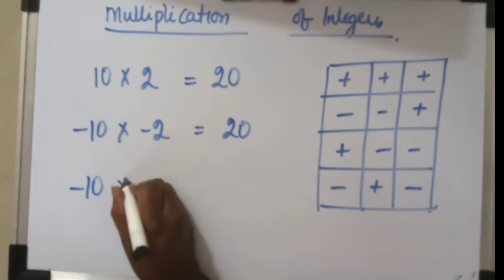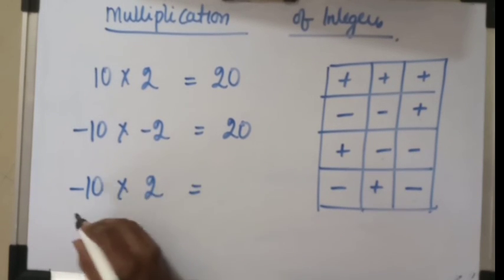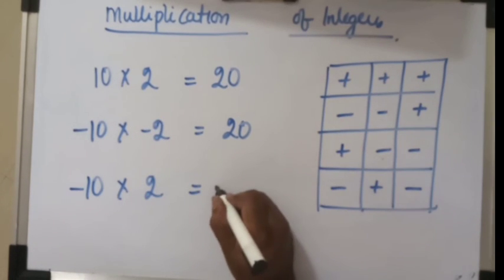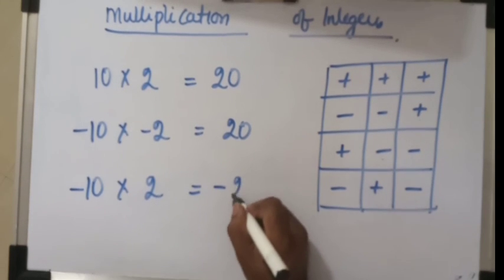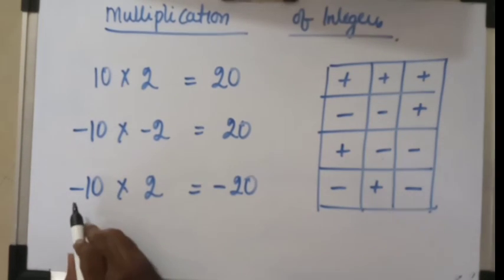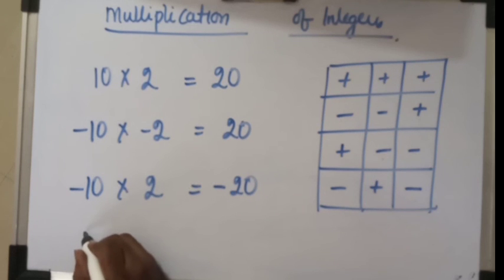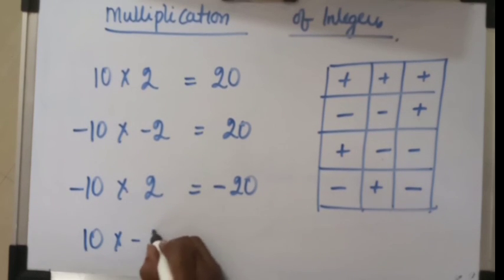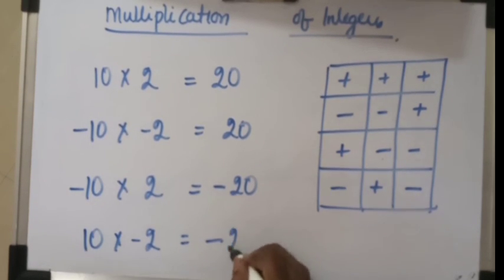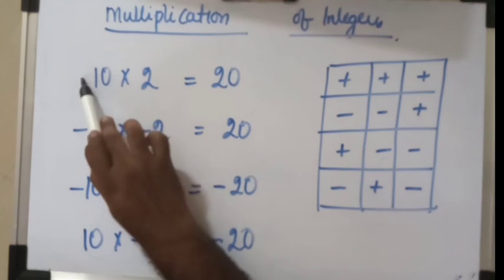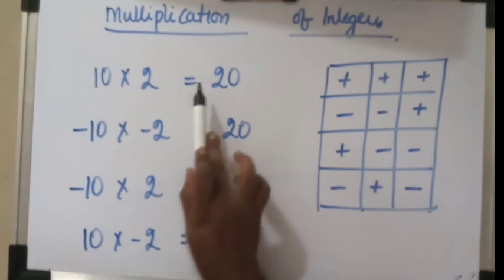Say I have one negative number and a positive number. Minus into plus will give me minus. 10 into 2, 20. Okay, the sign also gets multiplied here. Say if 10 is positive and 2 is negative, my answer will be negative 20. So positive into positive, my answer is positive.